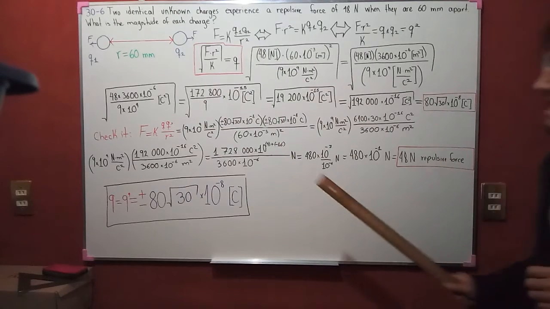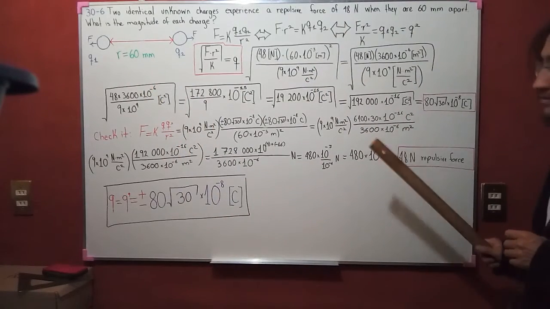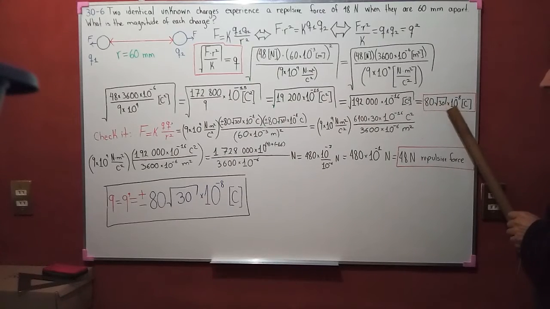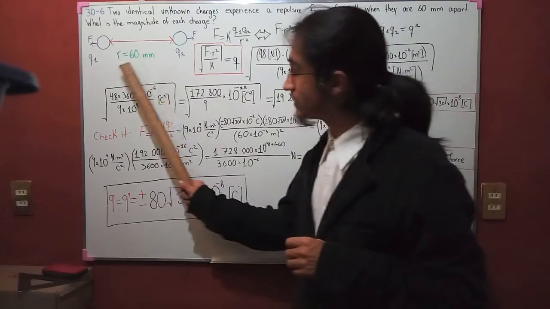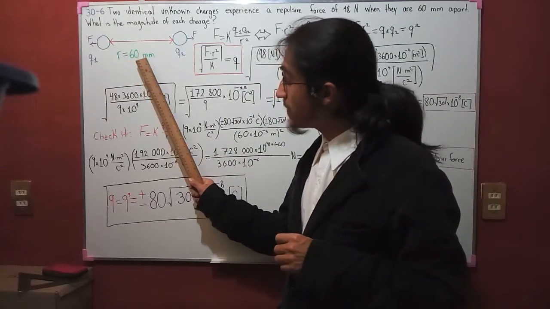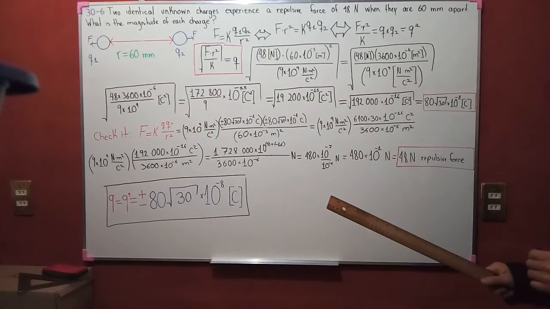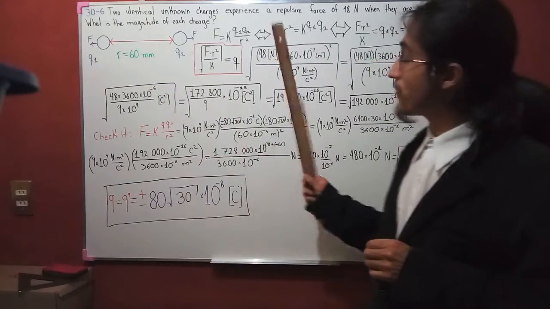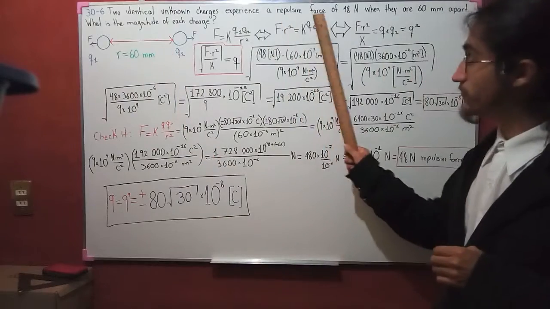So, the electrical charges must have a magnitude of 80 times the square root of 30 multiplying 10 raised to the power of negative 8 Coulomb each, and they must be separated by a distance of 60 millimeters. And then the electrical force generated is a repulsive force.